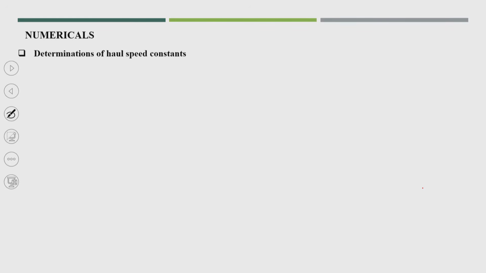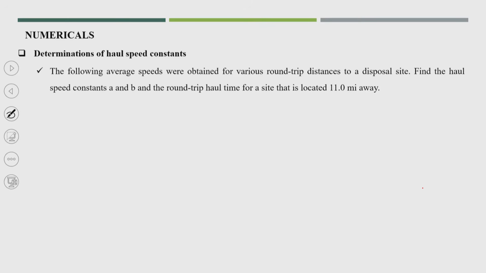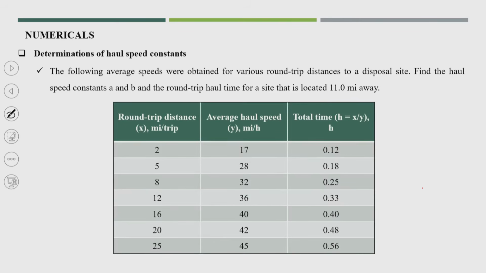Now, first we will go for the first numerical, to determine the haul speed constants, which I told you about in the previous slide, for calculation of A and B. The following average speeds were obtained for various round trip distances to a disposal site. Find the haul speed constants A and B and the round trip haul time for a site that is located 11 miles away.